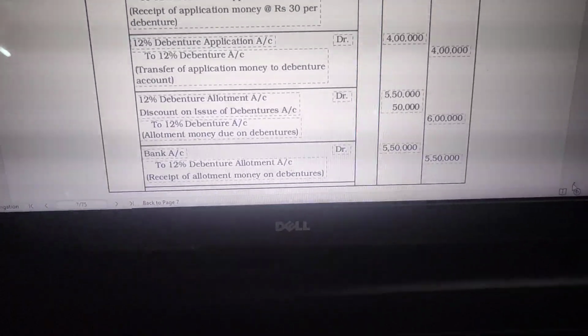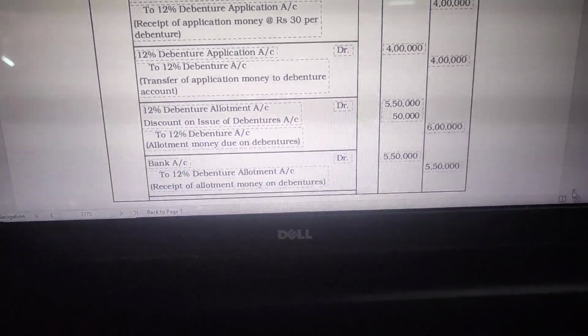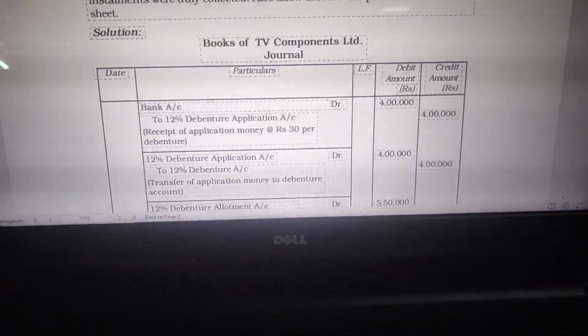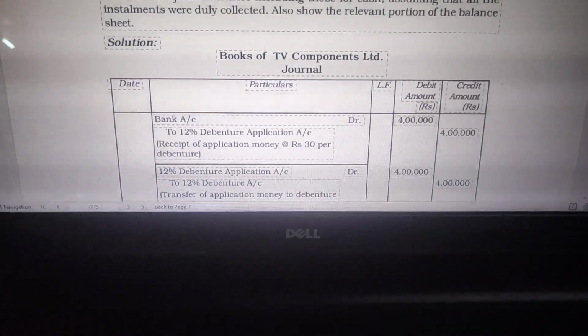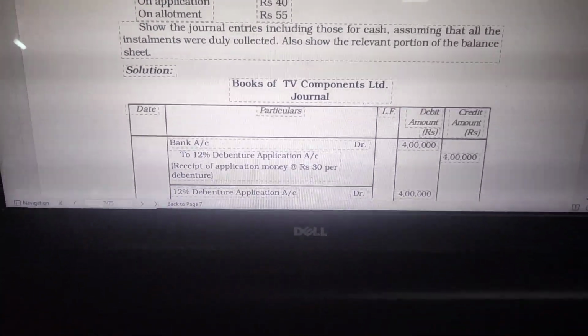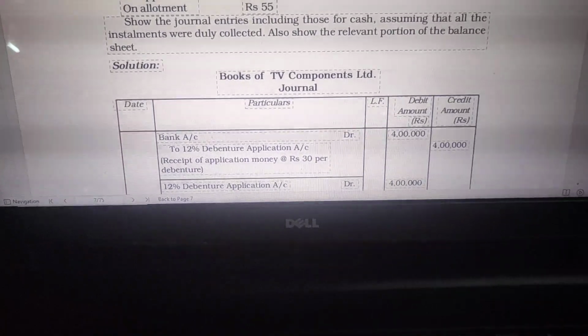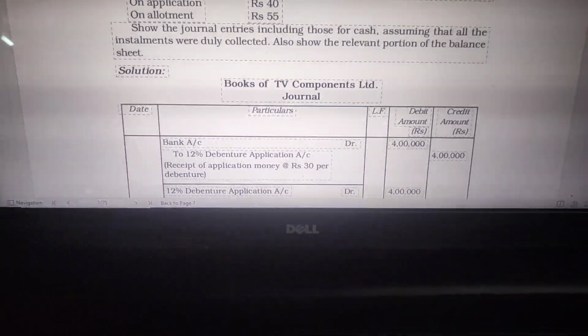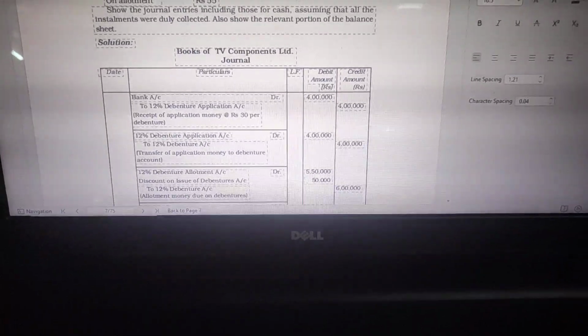Then allotment money. The question gives the allotment money per debenture as 55. So 55 into 10,000. Discount amount will be 5% of the whole amount of debentures.